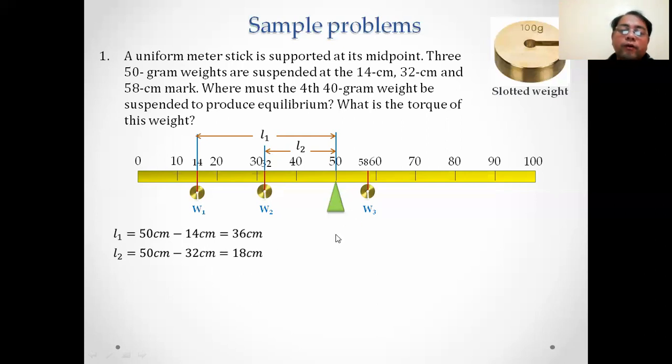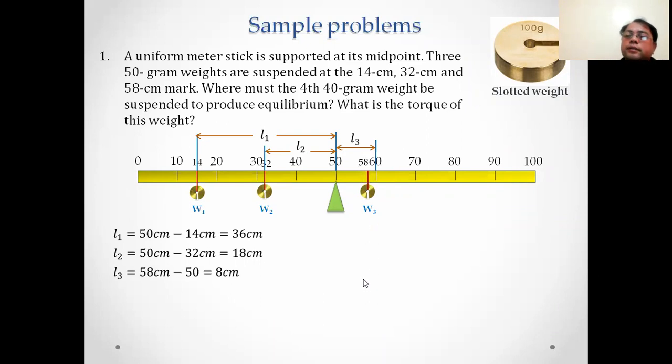Now for our L3, L3 is of course going to the right, but the moment arm is still measured from the fulcrum. This is the 58 centimeter mark, so 58 minus 50. From here up to here is 50, so the length remaining is 58 minus 50, so it's only 8 centimeters.